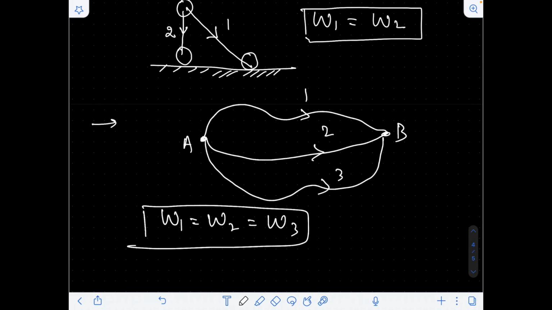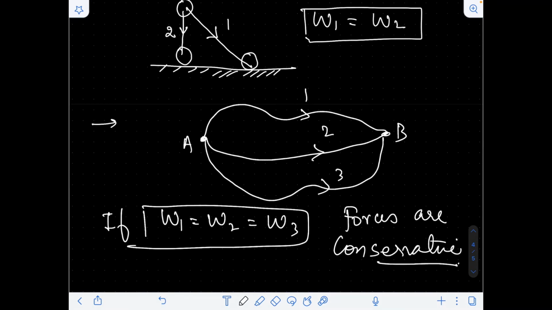If these work done values come out to be equal, it means that the forces which are doing the work are conservative in nature. If W1 equals W2 equals W3, it means that forces are conservative. So it is independent of the path taken but depends on the initial and final positions.